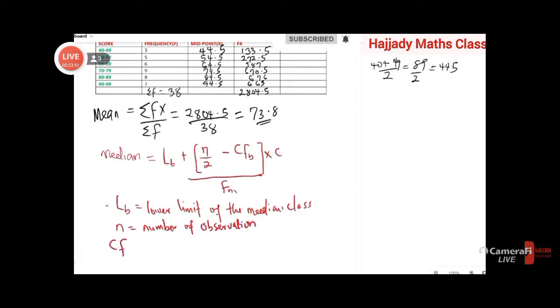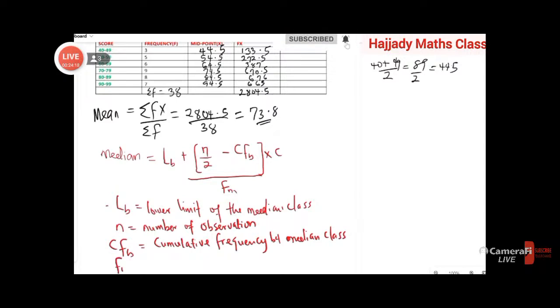We have our CFB, the cumulative frequency before our median class. Sorry for using abbreviation.